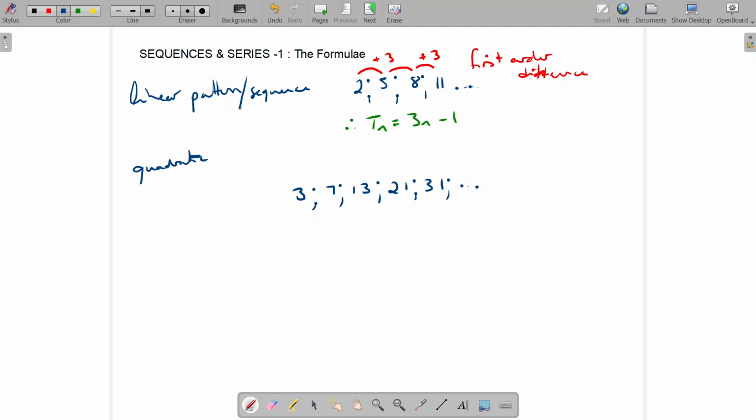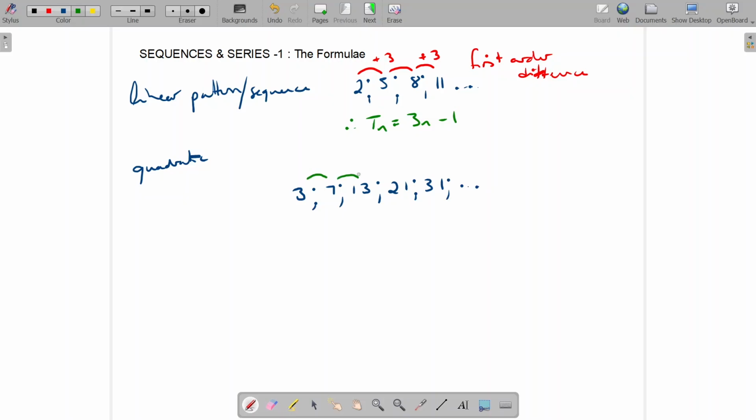And what we'd look at is say, well, hold on. The first difference is 4, 6, 8, 10. So it is not linear, and that's important to realize. But the second difference was a constant of 2.